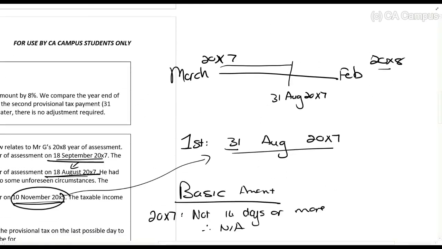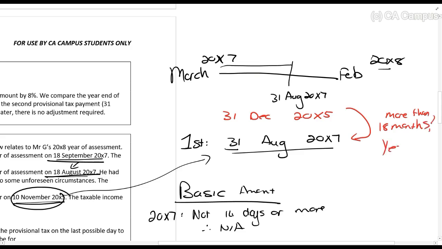So you compare 31 December 20x5 to this date over here, the 31 August 20x7. You say, is it 18 months or is it more than 18 months? In this case, the answer is yes. All right, so now it is more than 18 months, so it means we have to adjust.